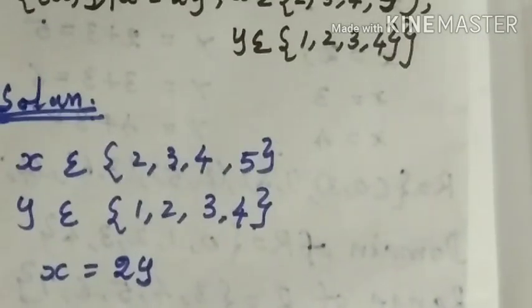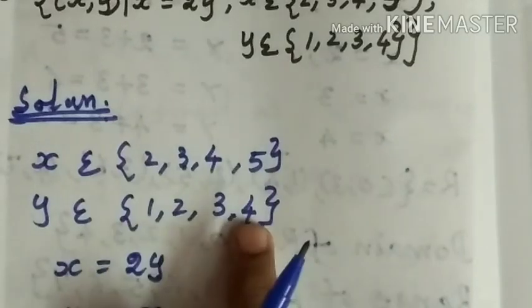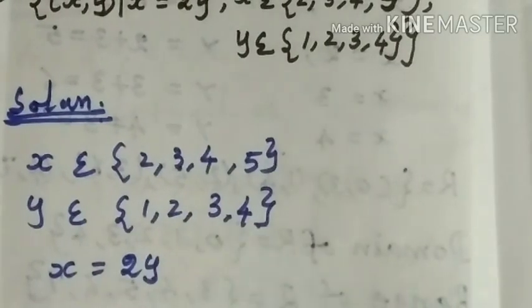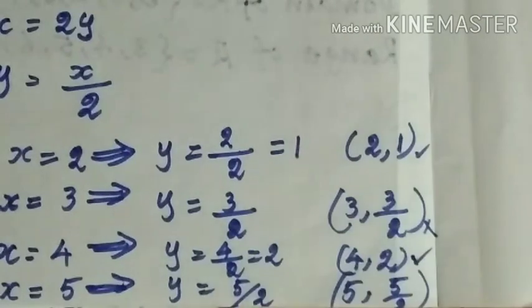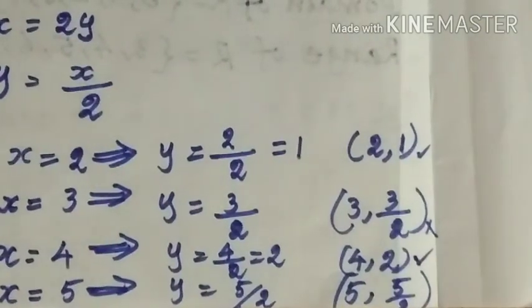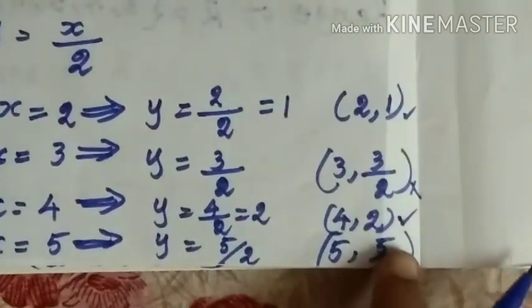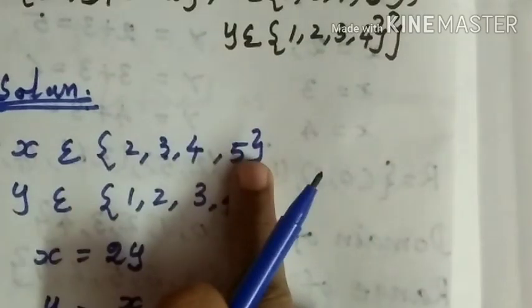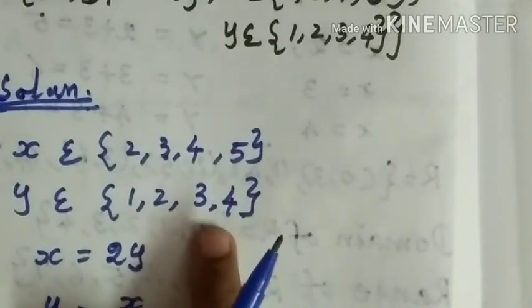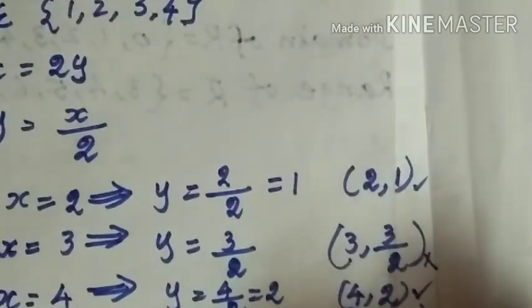See here, 4 belongs to set X and 2 belongs to set Y. Then it is one of the relations of X cross Y. Okay, then next (5, 5 by 2). Here 5 belongs to the X set and 5 by 2 does not belong to the Y set. So no need to take this one.